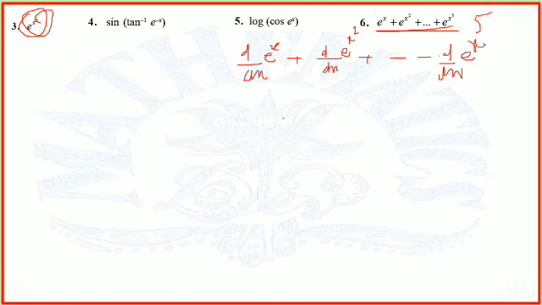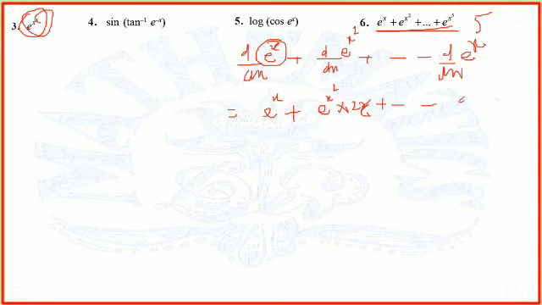So how will we proceed? The derivative of e^x is as it is e^x, and its coefficient is 1, so no need to worry, plus e^(x square) as it is, then the derivative of x square is 2x, plus so on.